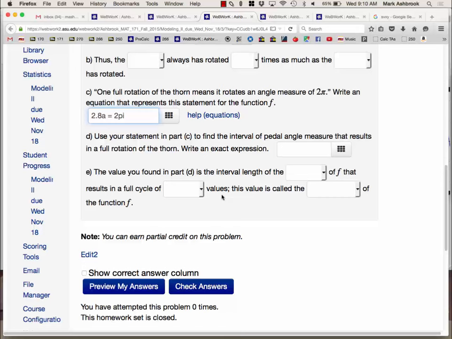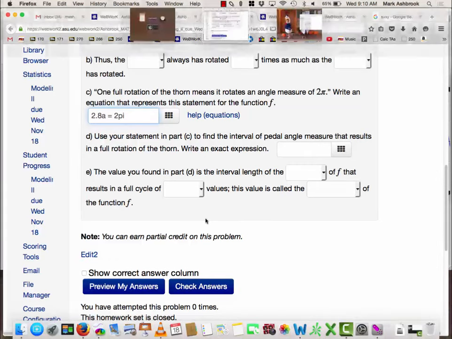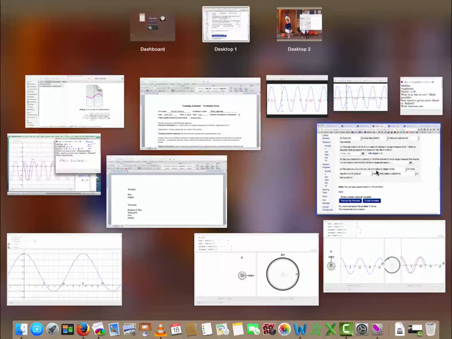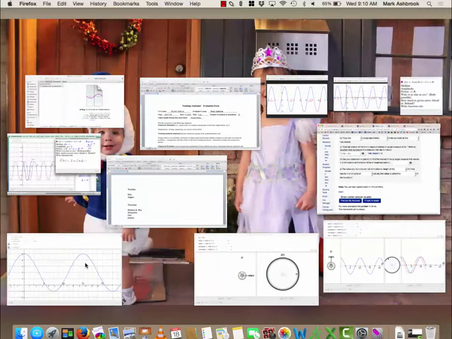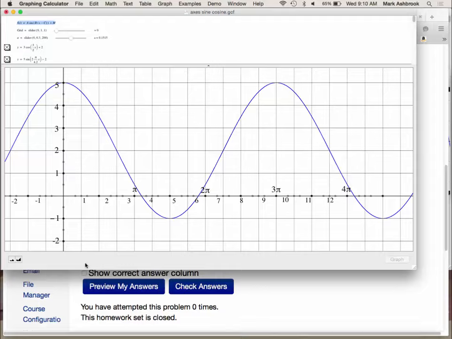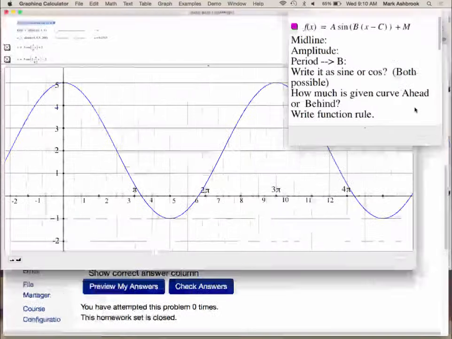Okay, so we got all these different aspects of these sine and cosine graphs, and we're going to put them all together in order to model real-world situations. So let's look at a strategy for that.